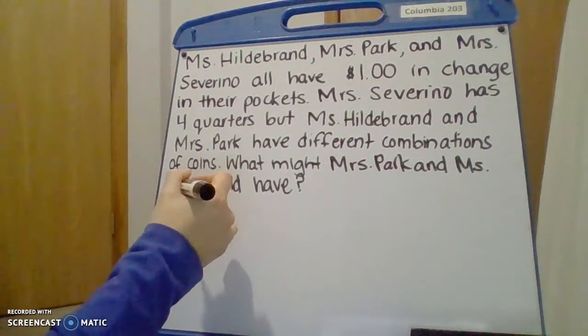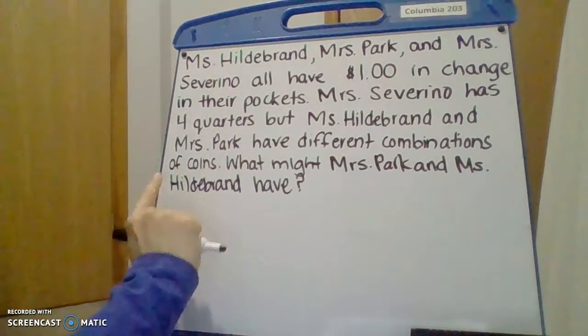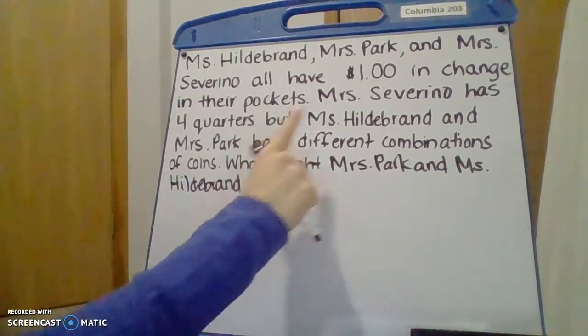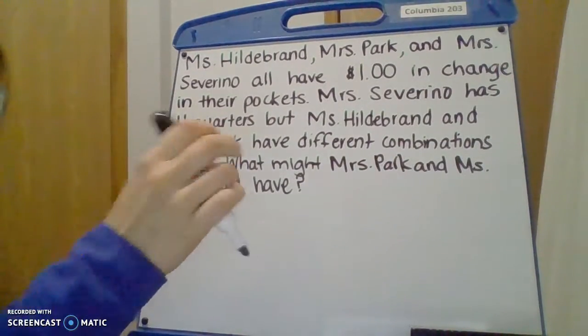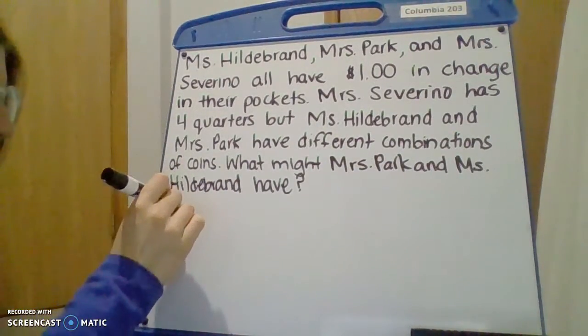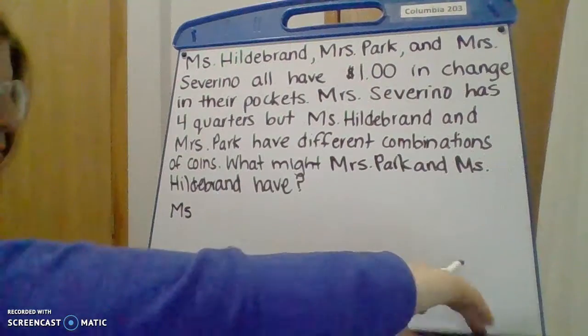So let's try it. The first thing is that you know Miss Severino has 4 quarters, so that's what I'm going to draw first.